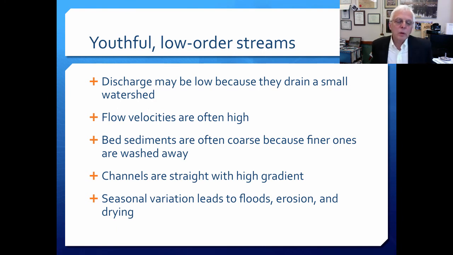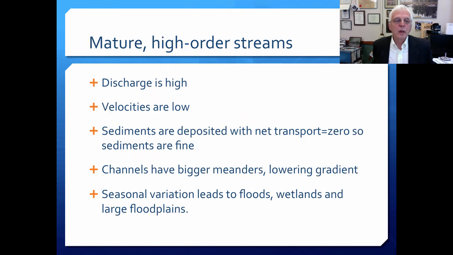Also in youthful low-order streams, the channels are straight with a fairly high gradient. They're quite tilted, and seasonal variation leads to floods, erosion, and drying cycles. In contrast, in mature, high-order streams, the discharge is often really high because the higher-order streams collect a lot of water from a very large catchment area, but velocities tend to be fairly low. Sediments tend to be deposited with net transport nearly equal to zero.